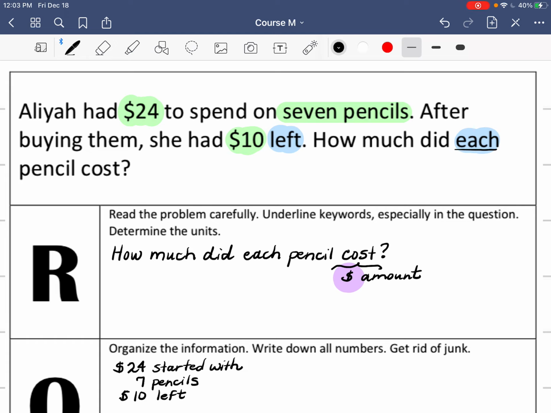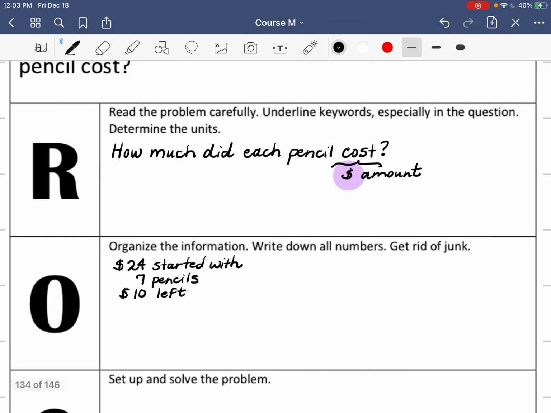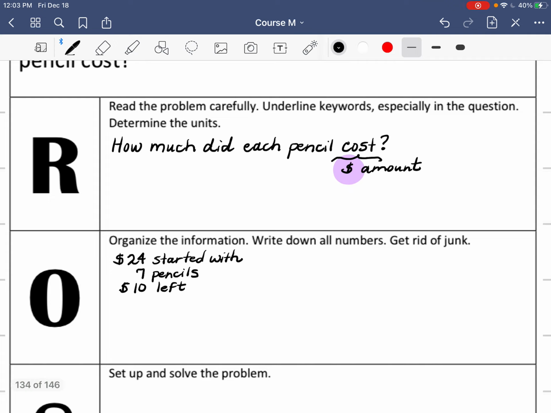And we are to determine the cost of each pencil. Now there are a couple of ways that you can set up this problem. I'm going to show you both of them because I want to make sure that you know the 2 ways. Here's the first way. First of all, there is no junk. I need all of these numbers to start with. Let's also determine the unknown. The unknown in this problem is the price per pencil.